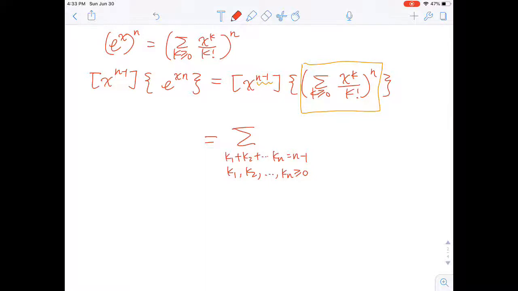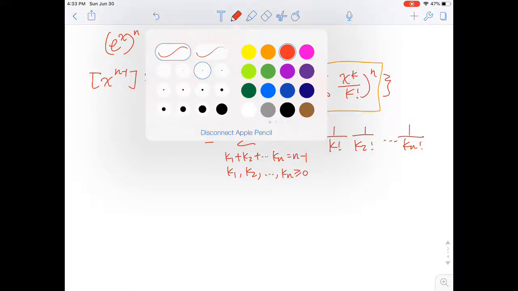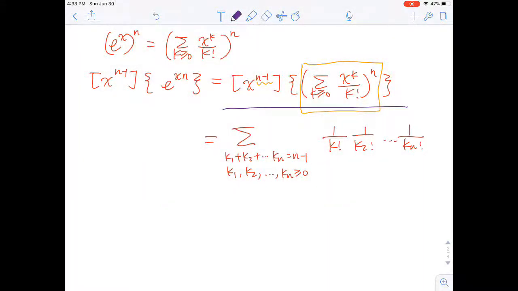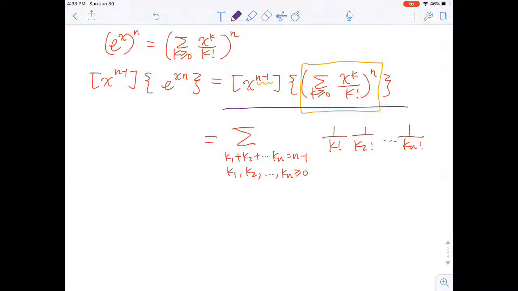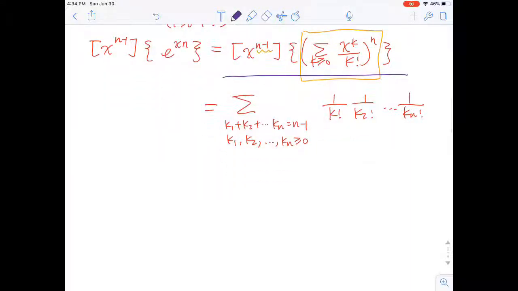And if we know what power we pick in each parenthesis, then the coefficient would be this. Okay, so we got a nice looking expression, and this looks much less daunting than the purple equation up there. This summation is also not easy to solve algebraically, but it would be much easier if we can give it a combinatorial interpretation.